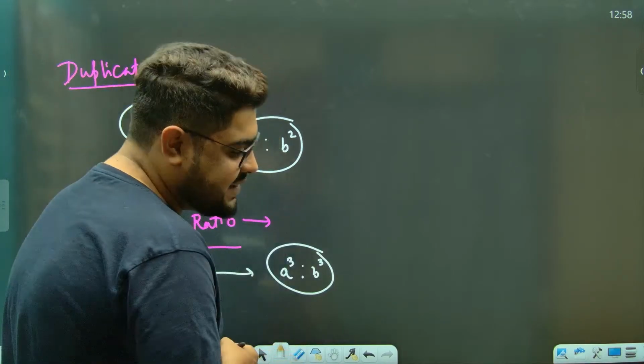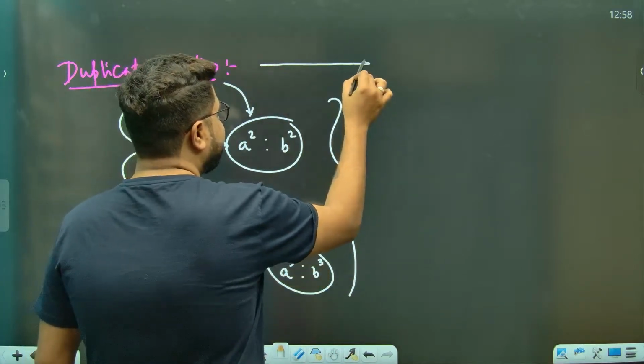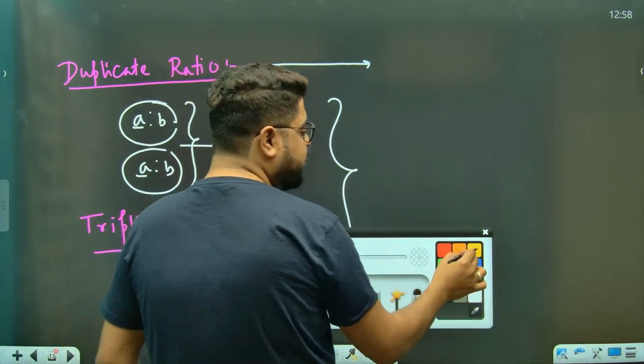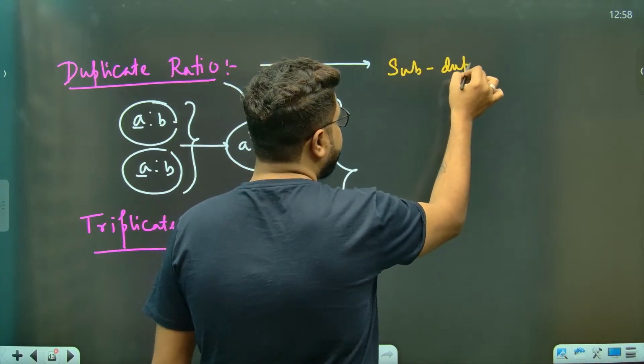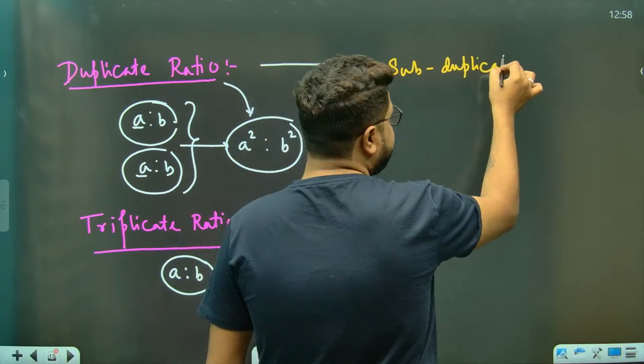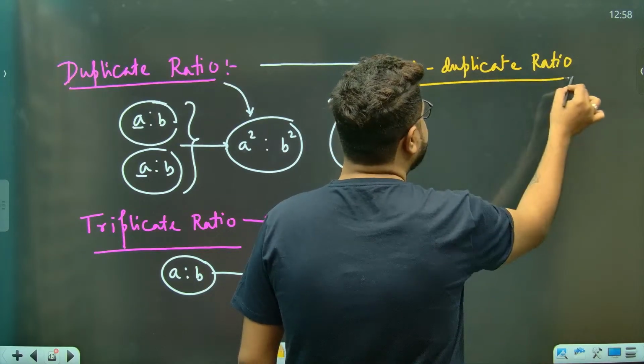As we are doing this, let me say this upfront. There is something called the opposite of duplicate, that is called subduplicate ratio. Subduplicate ratio means exactly the opposite.